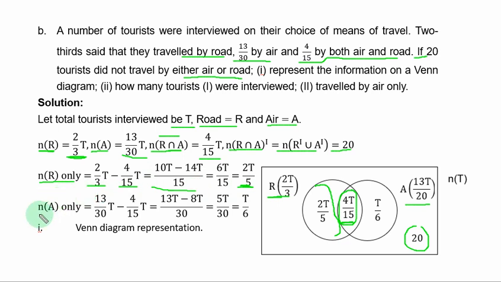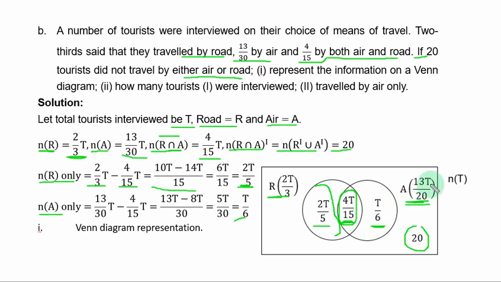Those that travel by air only, you subtract the intersection from those that travel by air, and when you simplify by finding the LCM, you have T over 6. That is what you have here, and that is what you have here as well. So you have represented the information on a Venn diagram.